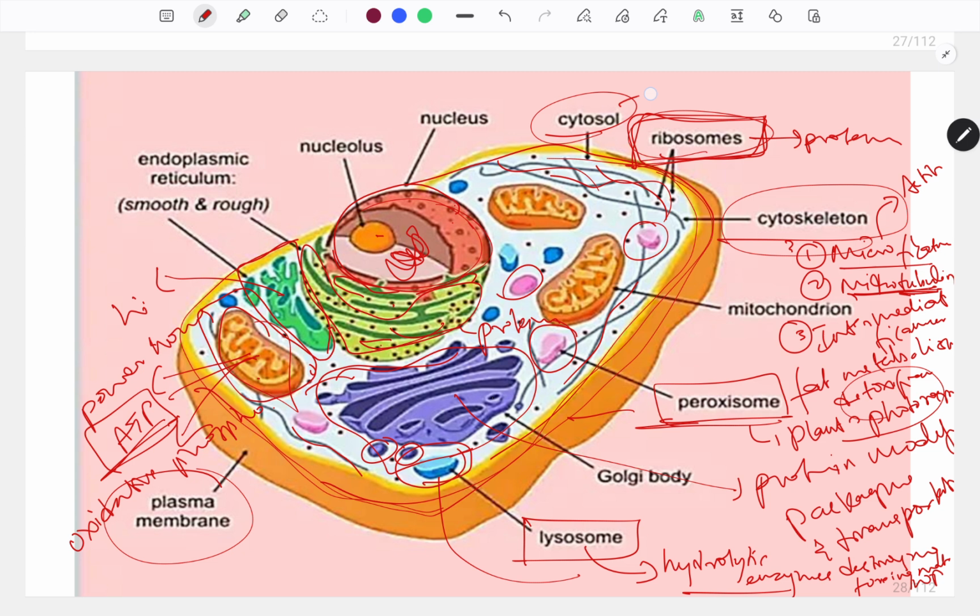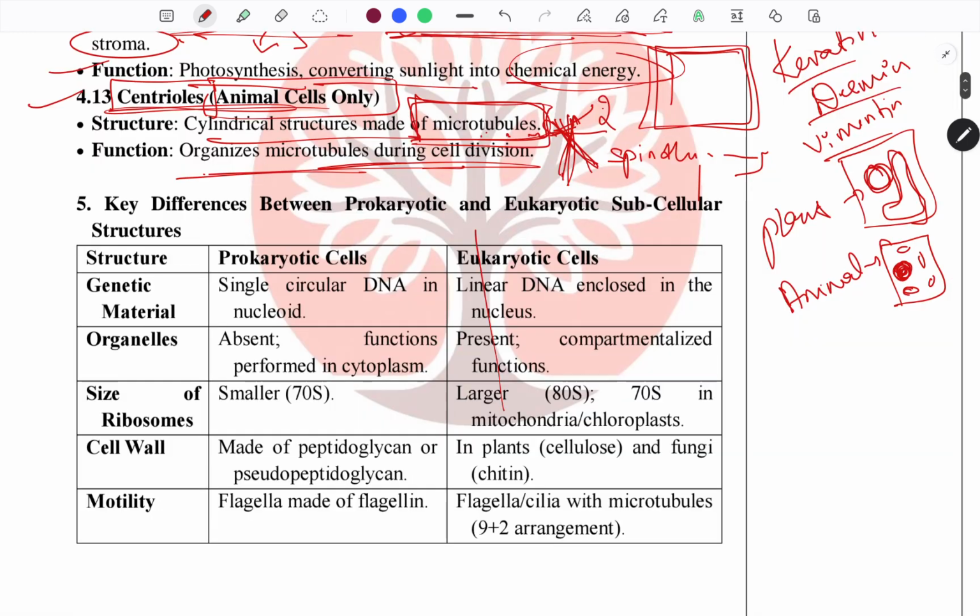And cytosol is a gel-like substance where all the organelles are embedded, and many metabolic pathways happen in this cytoplasm. So this is the overall structure of the eukaryotic cell, and these are the organelles present in a eukaryotic cell.